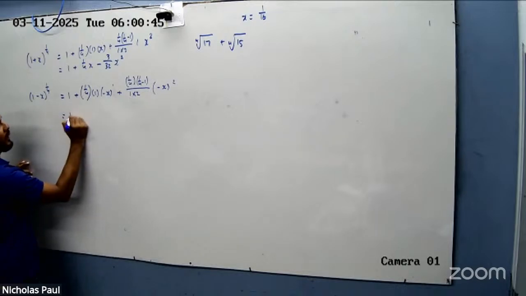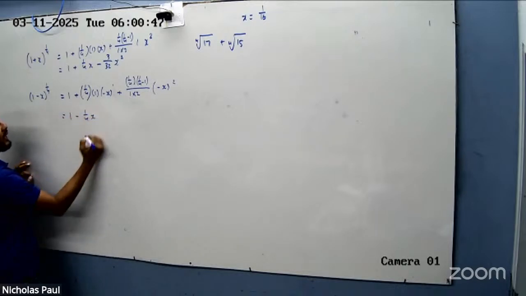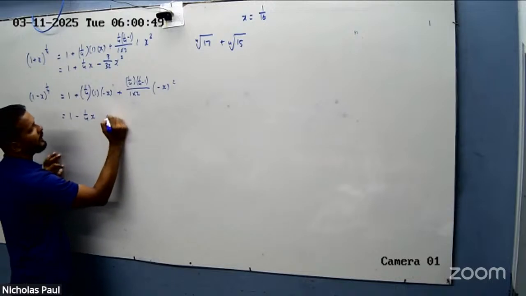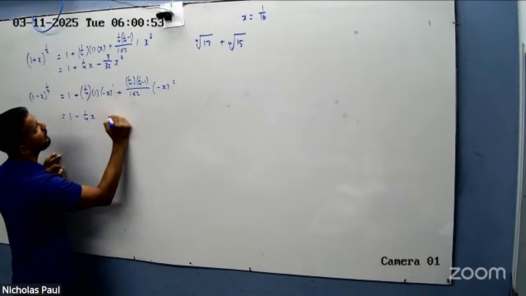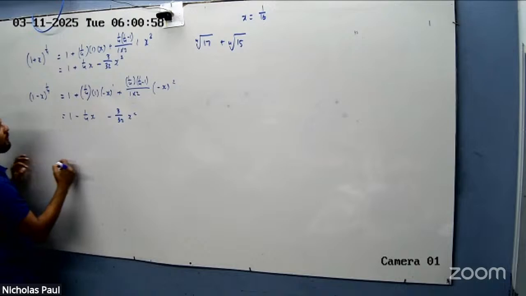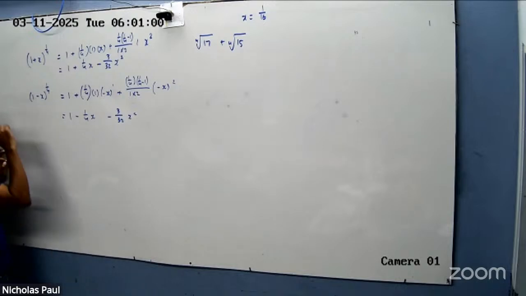So this will be 1 minus a quarter x. This will be same thing as before, right? Minus 3 on 32 x squared.